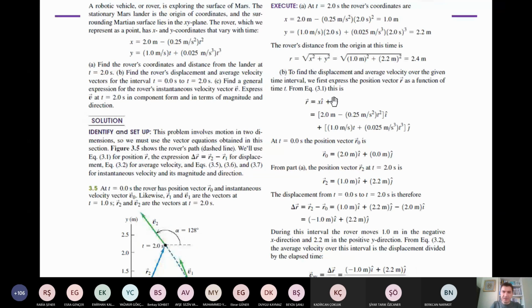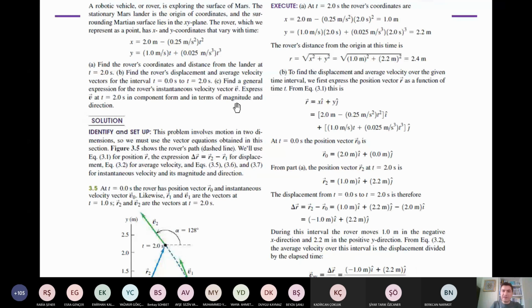function of time. So here we have the position vector, which is given by x times the unit vector along the x plus y times the unit vector along the y. So just take this x and put it there, and take this y and put it there.